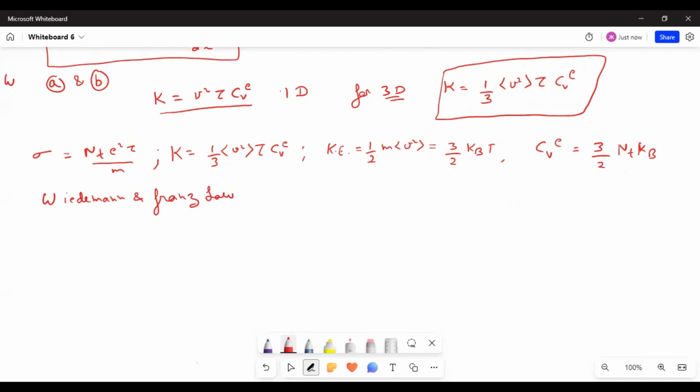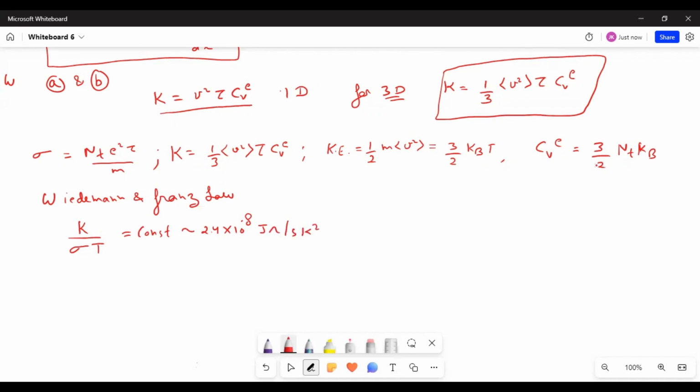They observed that the ratio of thermal conductivity and sigma T, yes, sigma is electric conductivity, is actually constant, which is around 2.4 times 10 to the power minus 8 watt ohm per kelvin square.